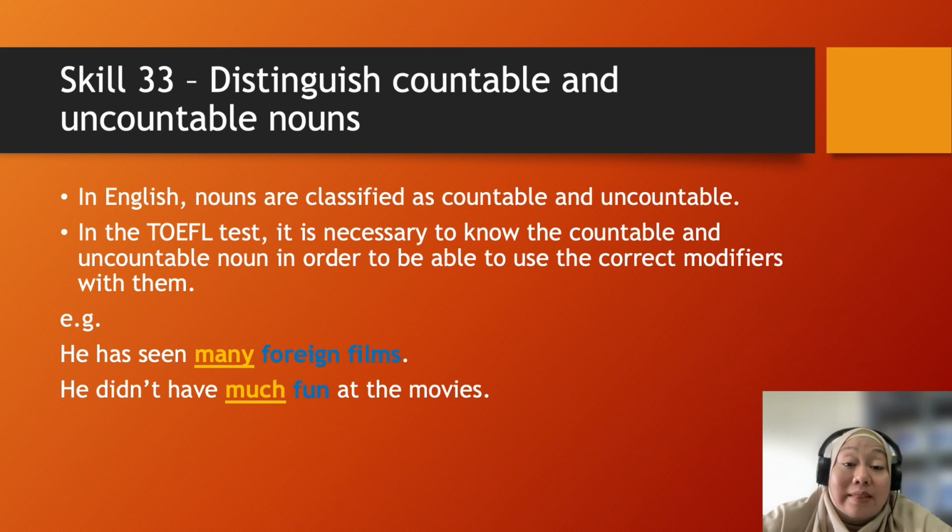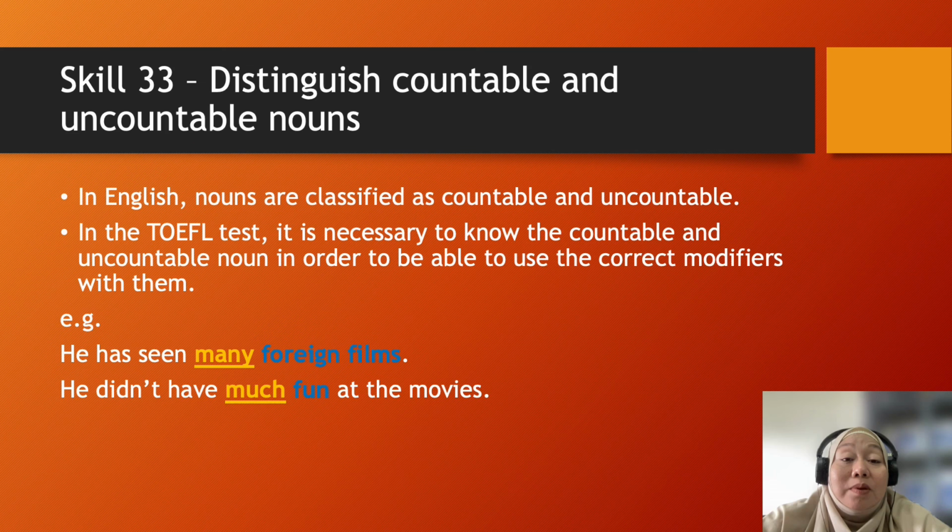Now, in the TOEFL test, it is necessary to know the countable and uncountable noun in order to be able to use the correct modifiers with them. Okay, so there are modifiers that go with the countable noun and also modifiers that go with the uncountable noun. They aren't interchangeable.